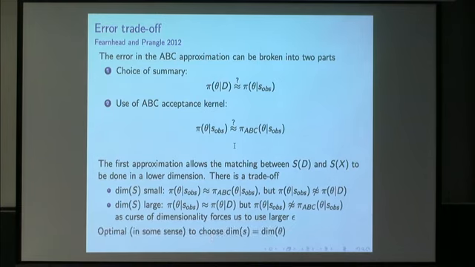The work done by Paul Fearnhead and Dennis Prangle in 2012, an important paper, showed us that it is optimal in some sense to choose the dimension of your summary to be equal to the dimension of the parameter. That's optimal in a fairly restrictive sense of minimizing the mean squared error of your point estimator, but it's the only bit of theory we have to guide us in how much compression we should do. And so that's the rule of thumb people try to aim for here: choose a summary that matches in dimension your parameter dimension.